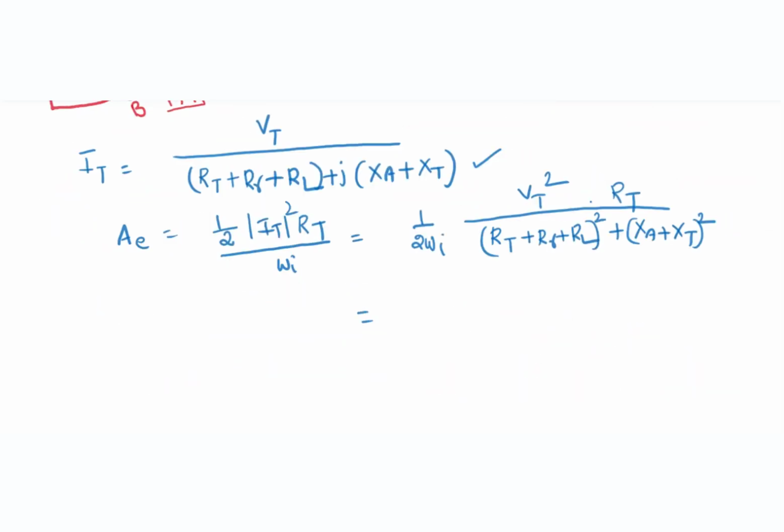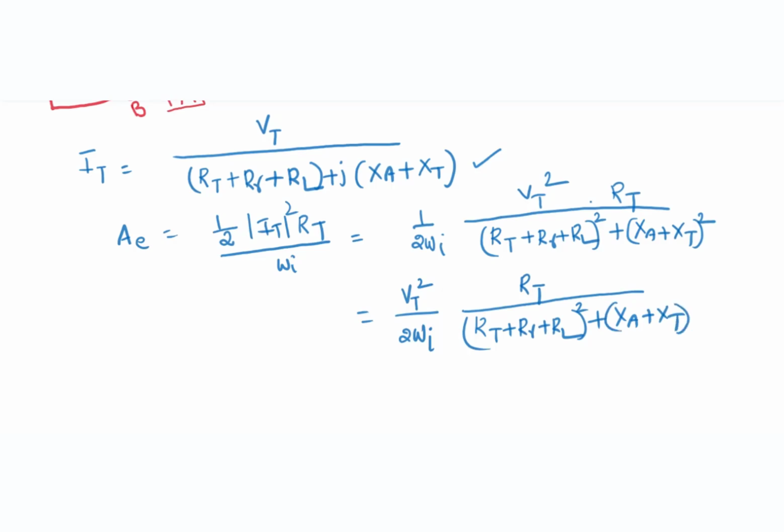That is equal to Vt square by 2WI into RT by RT plus RR plus RL whole square plus XA plus XT whole square. Okay. So what is this? This is nothing but the effective aperture.